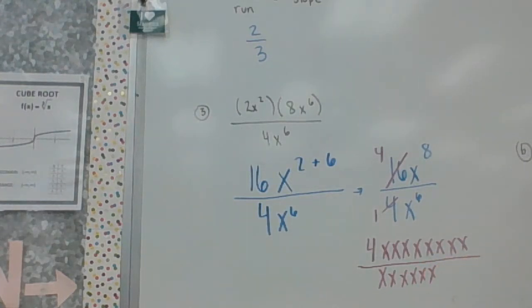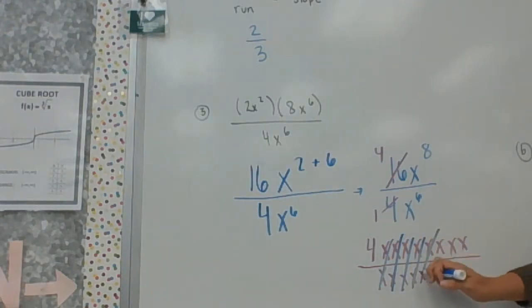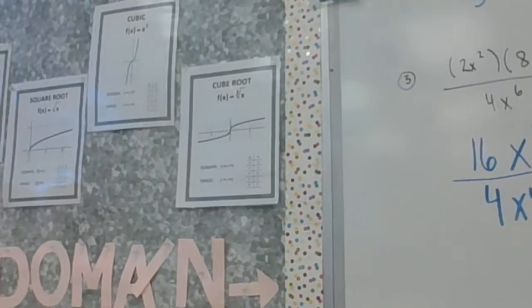And each matching set cancels. So cancel, cancel, cancel, cancel, cancel, cancel. I'm left with 4x squared. And that's the same as if I would have done 8 minus 6. Subtract exponents top to bottom. How many people got 3 right?